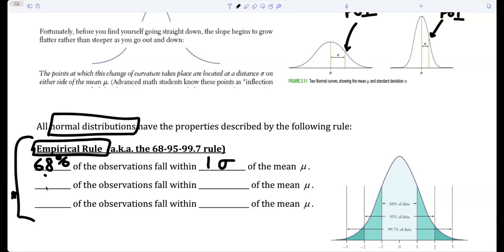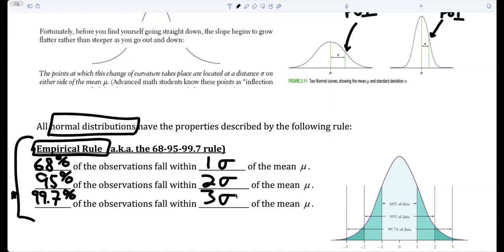And 95% of the observations fall within 2 standard deviations of the mean. And approximately 99.7% of the observations fall within 3 standard deviations of the mean.